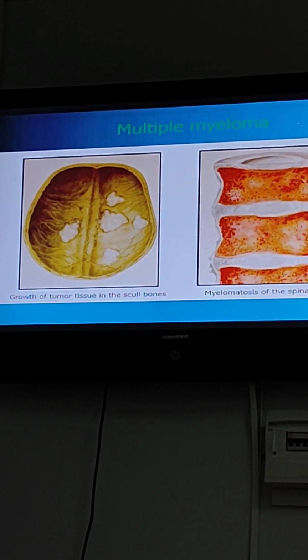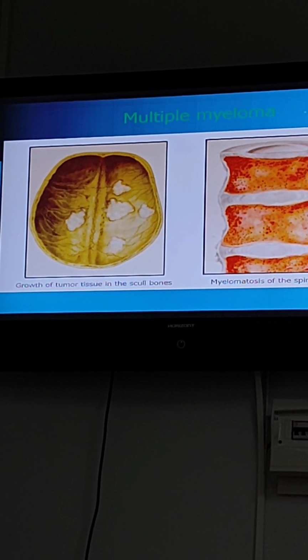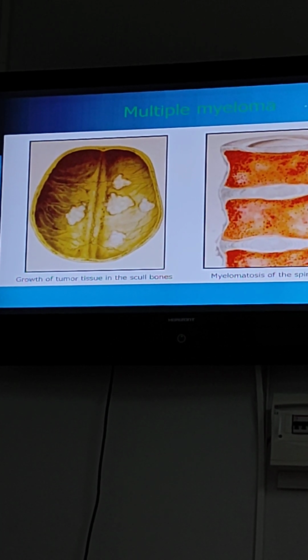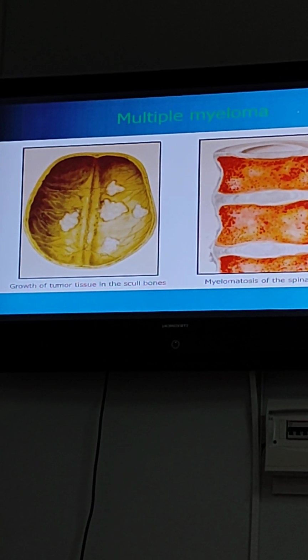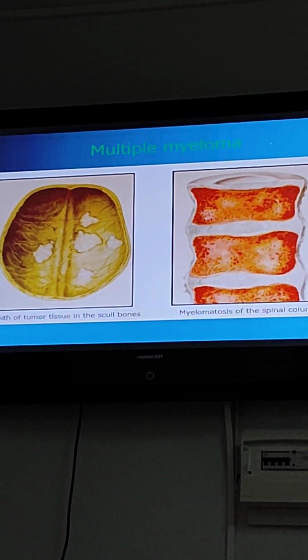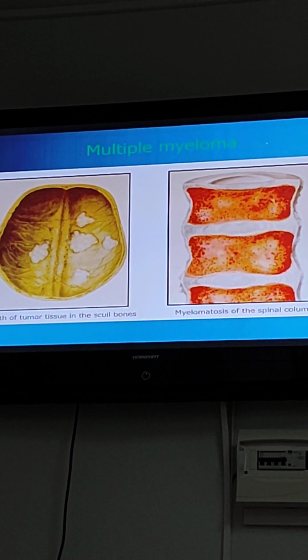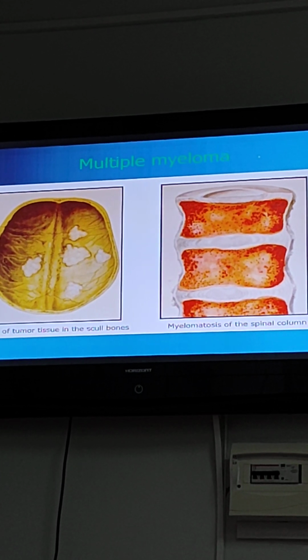What do osteoclast cells do? Not blasts, which form bone; osteoclasts lyse and destroy, leading to bone destruction.